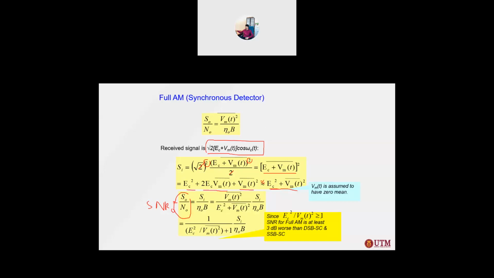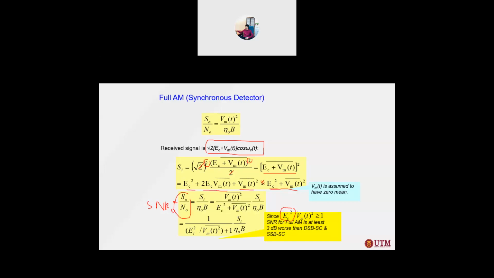Okay, so since EC square over VMT square is greater than 1, because EC is normally always bigger than VMT. EC is the one that we generate, and the modulating signal is the natural signal, which is normally smaller.